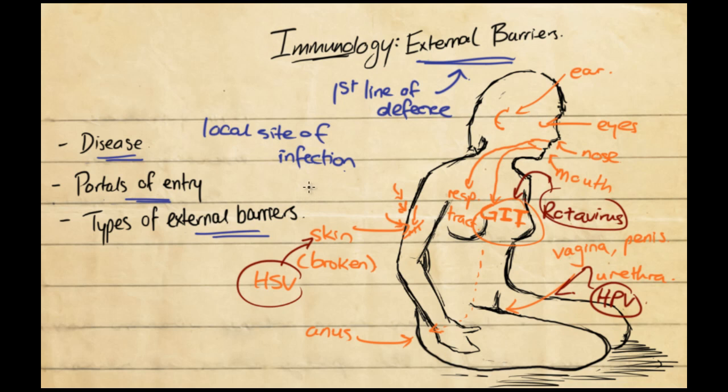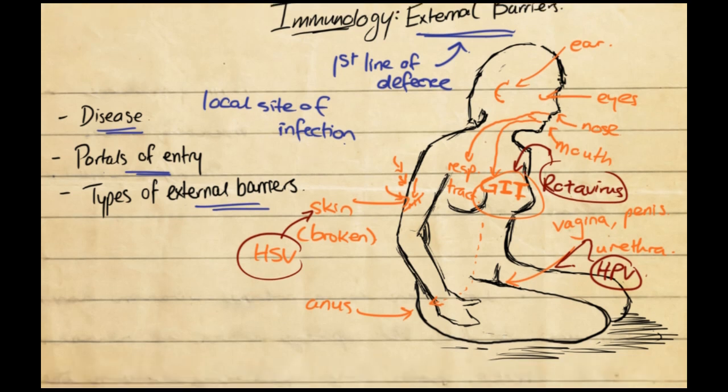So I'll scroll down to get some more space. Alright, so types of barriers. The first type of barrier that we have is mechanical barriers. Mechanical barriers are physical barriers, and these include things like epithelium.